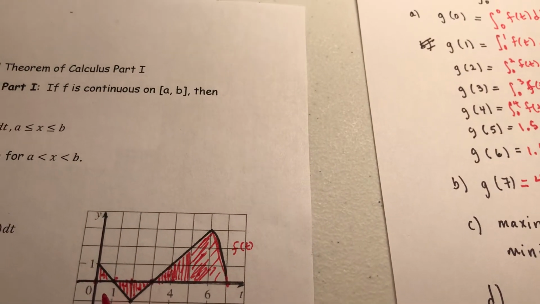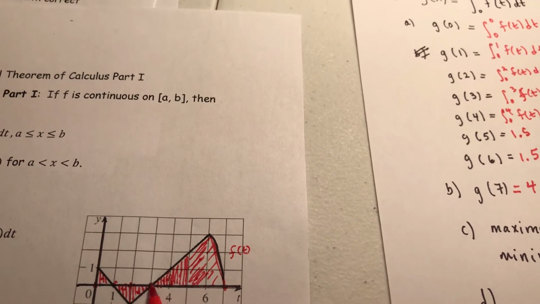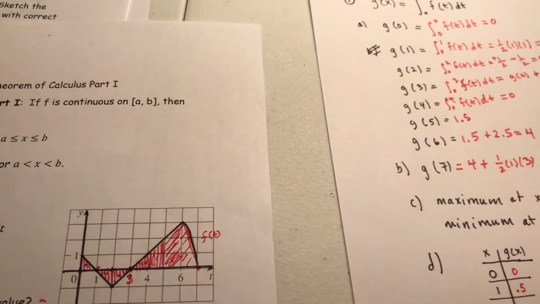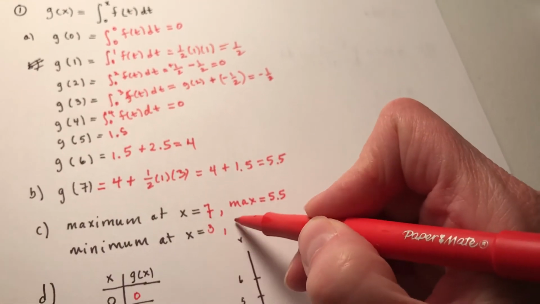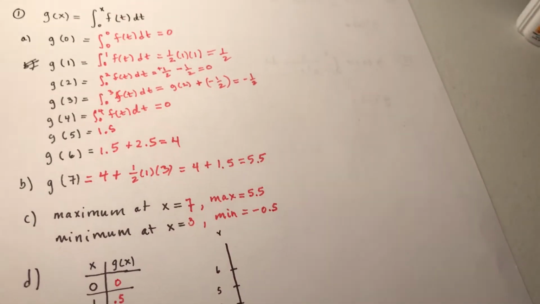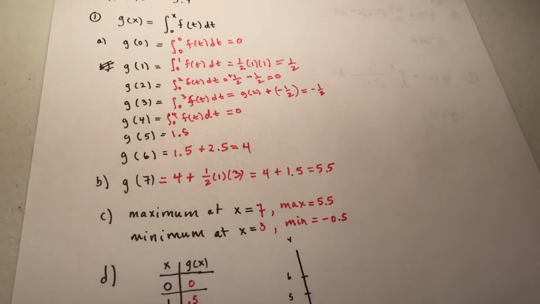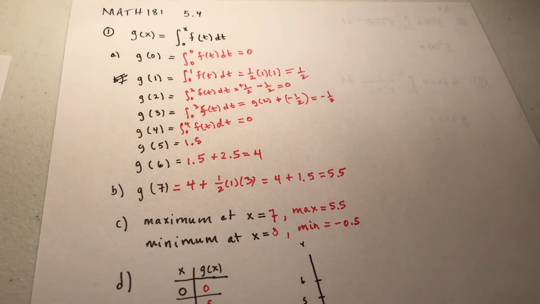At 3. 1, 2, 3. Yes, at this point right here. So at x equals 3, we have a minimum of negative 0.5. Kind of an interesting way to think, huh? Trying to create a function that represents area.